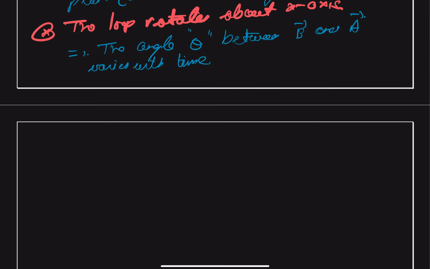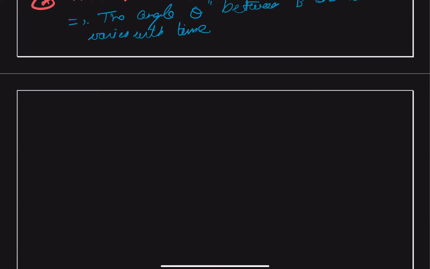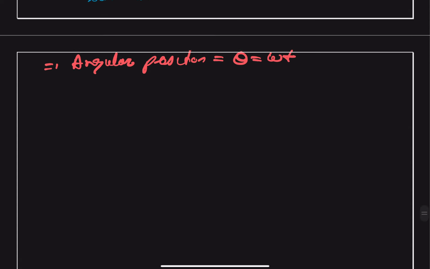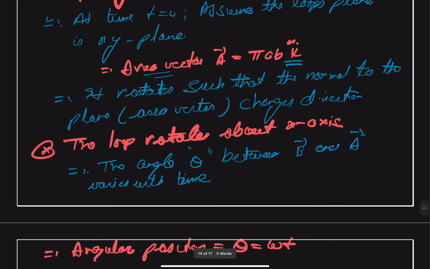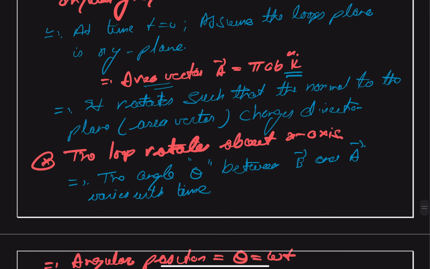So the angular position theta can be written as omega multiplied by t. And we can also assume, like we said, that at time t is equal to 0, the loop is placed on the xy plane.